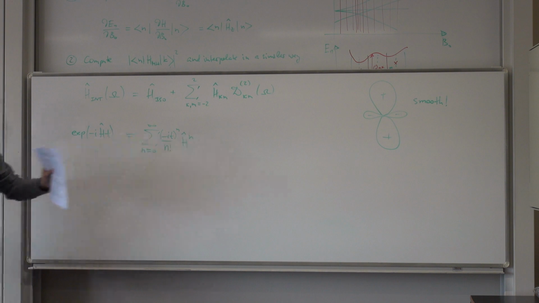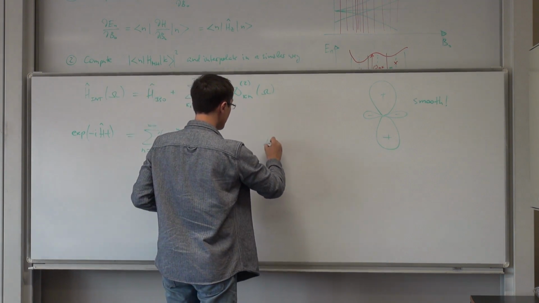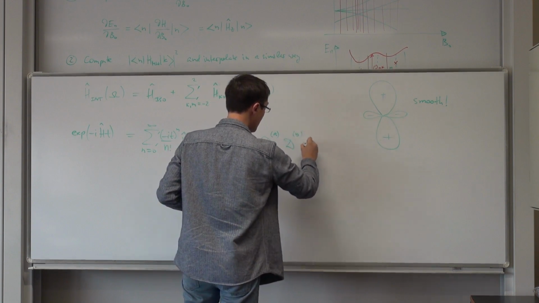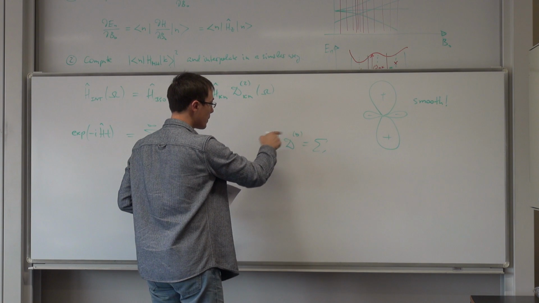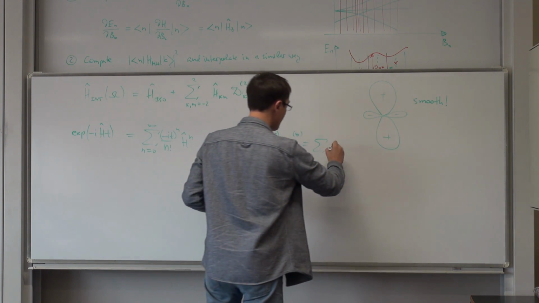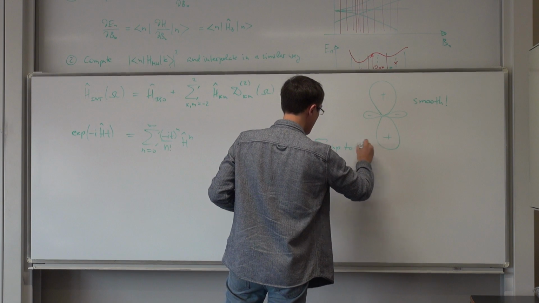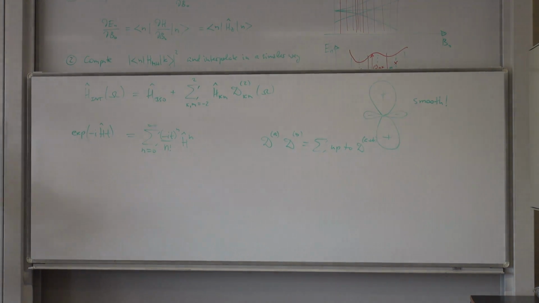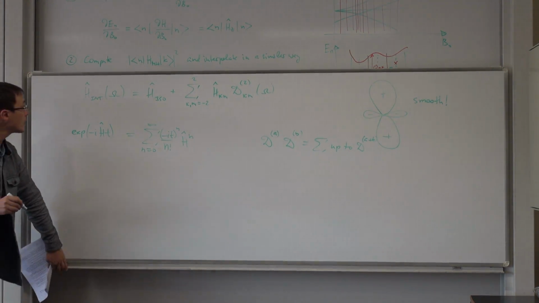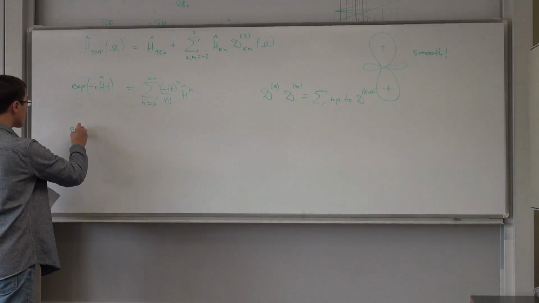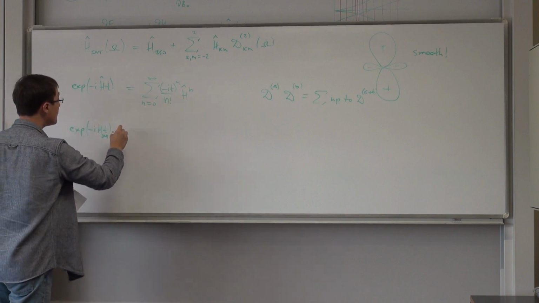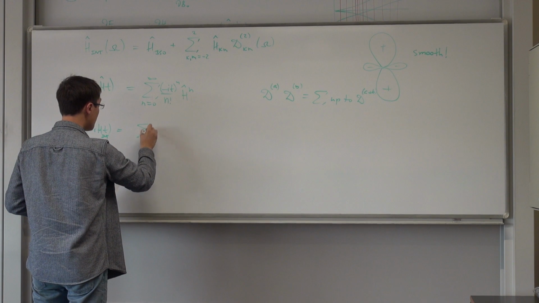Which means we must take the nth power of that, and if we take a product of Wigner functions, one of rank A and the other of rank B, the result will be a linear combination, but it will be from A minus B up to A plus B. So ranks increase, and because the series is infinite, they would increase all the way to infinity, the result being that the exponential of -iHt would have all possible spherical ranks.